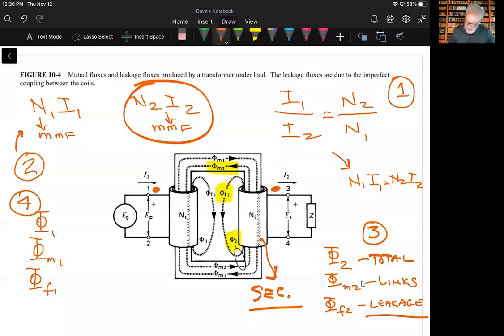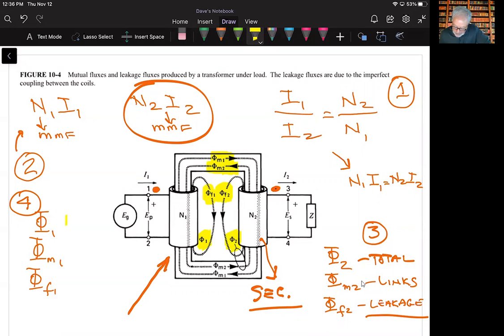The fourth thing that we're going to recognize is we're going to put our attention to the primary side, and the total flux that is created on the primary side is here. It is composed of that portion that's linking the secondary, and then it also has a leakage portion which is represented here, okay?